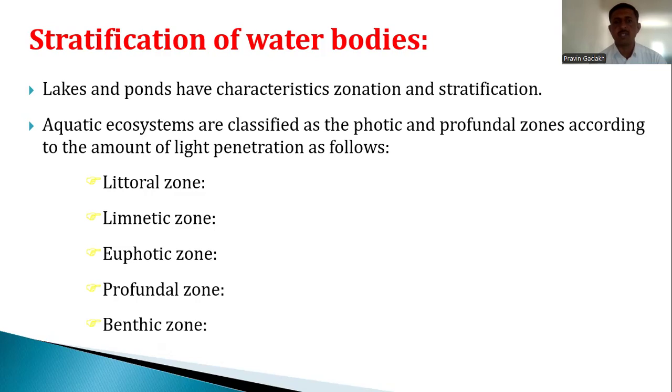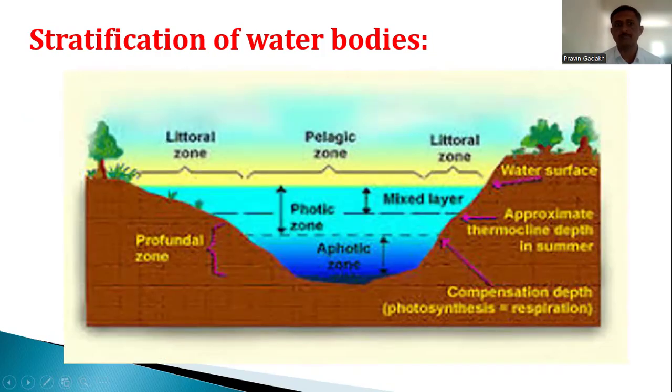On that basis, the aquatic environment is categorized into the littoral zone, limnetic zone, euphotic zone, profundal zone, and benthic zone. These are the different zones into which the aquatic environment is categorized, and these zones have different characteristics and growth patterns.